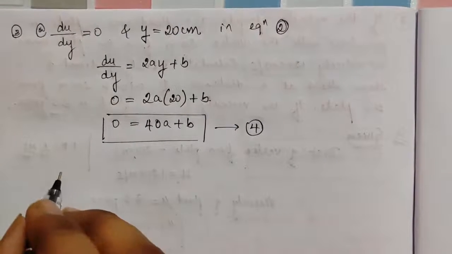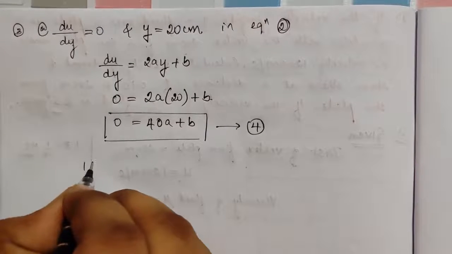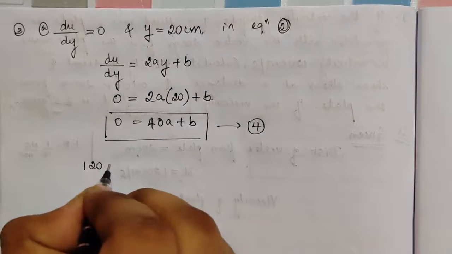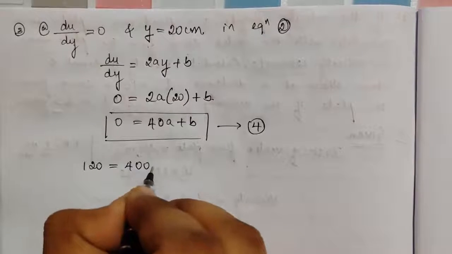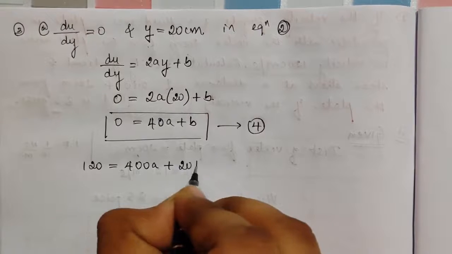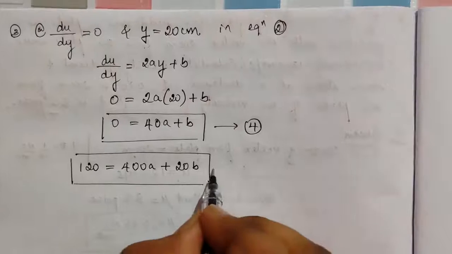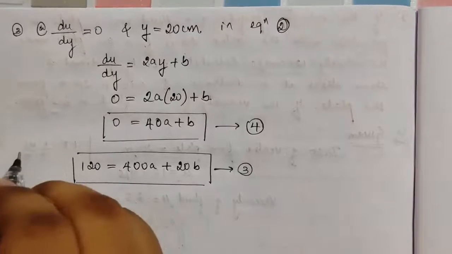So I'll write the equation number 3 also. What is that equation number 3? That is 120 is equal to 400a plus 20b. So this is what we got, this is equation number 3 from the last page.